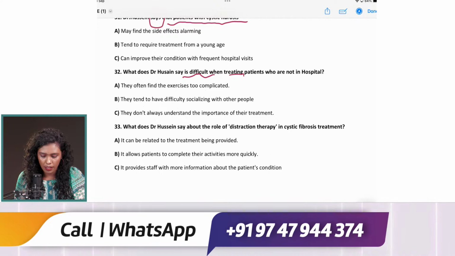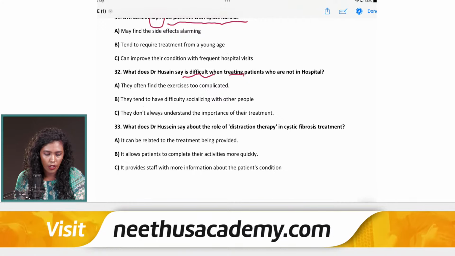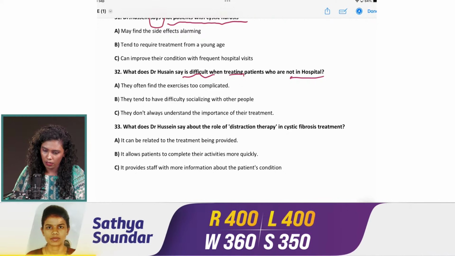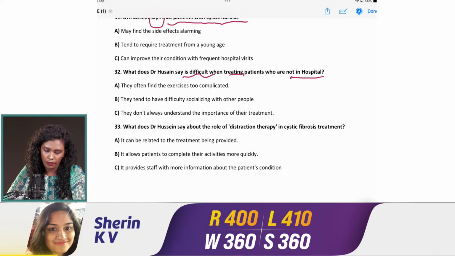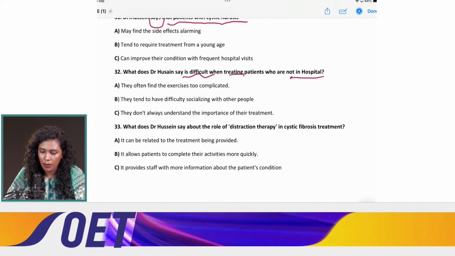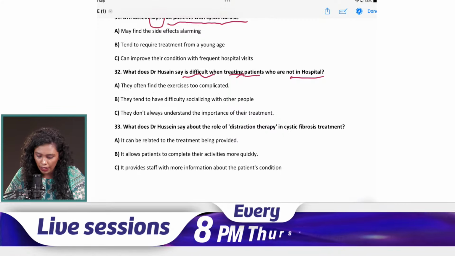Difficult, not in hospital. Okay, that can be. Yes. So what do you think? Is it going to be an opinion-based question? Okay, Atulya: difficult, treating patient, not in hospital. Yes, you're right. So difficult, and treating patient, not in hospital. That is going to be your keyword over here.